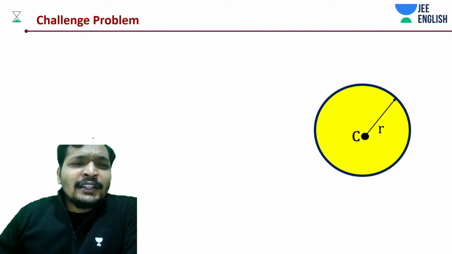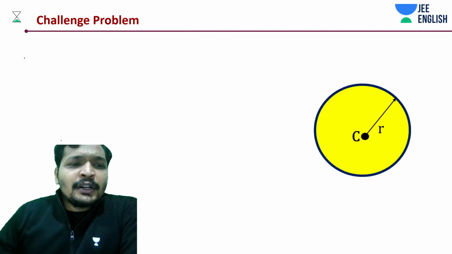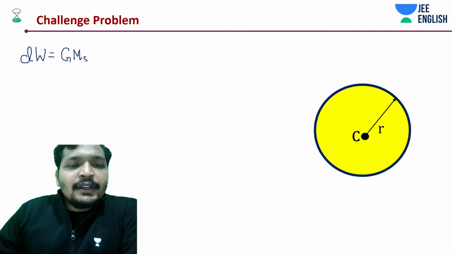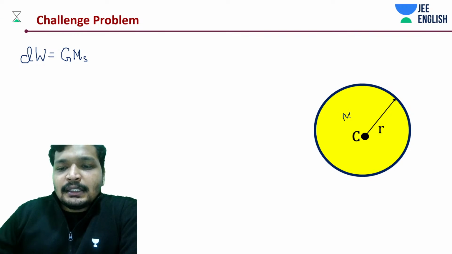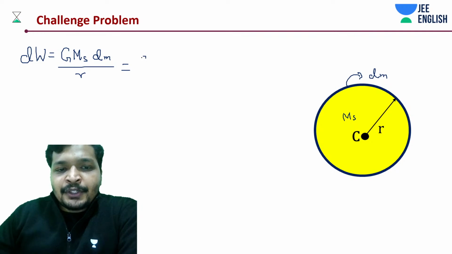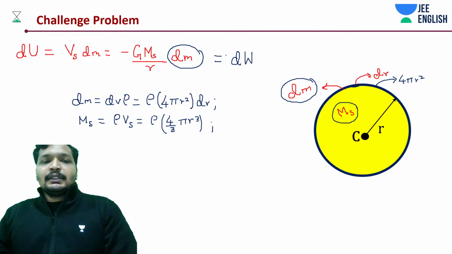Basically, we're going to substitute those values, nothing else. Whatever values we have got, we will be substituting those values. It's going to be how much? G into Ms, where this is the mass Ms, and this is mass dm, by small r, and substituting those values, there should be a minus sign, because everywhere there should be a minus sign.